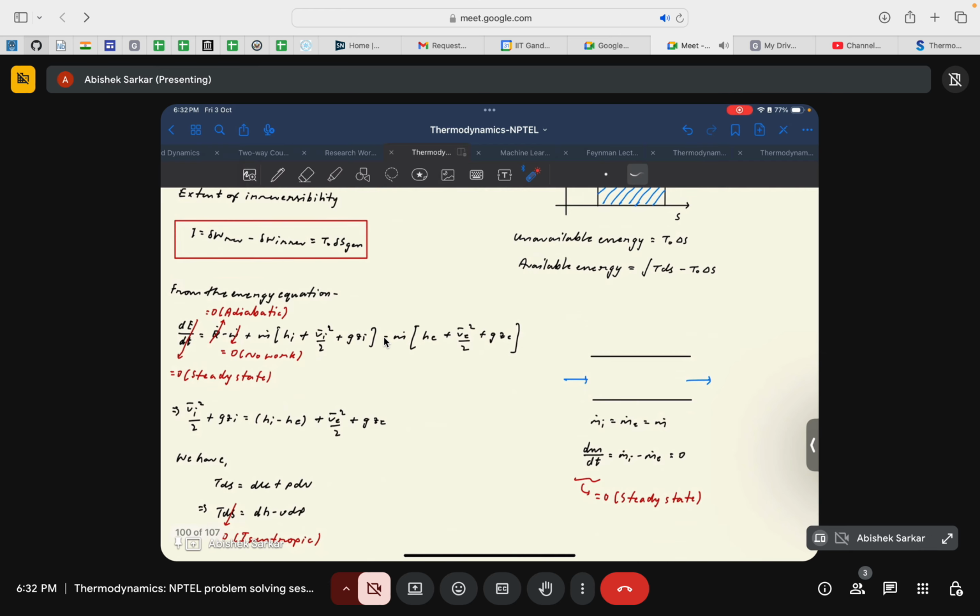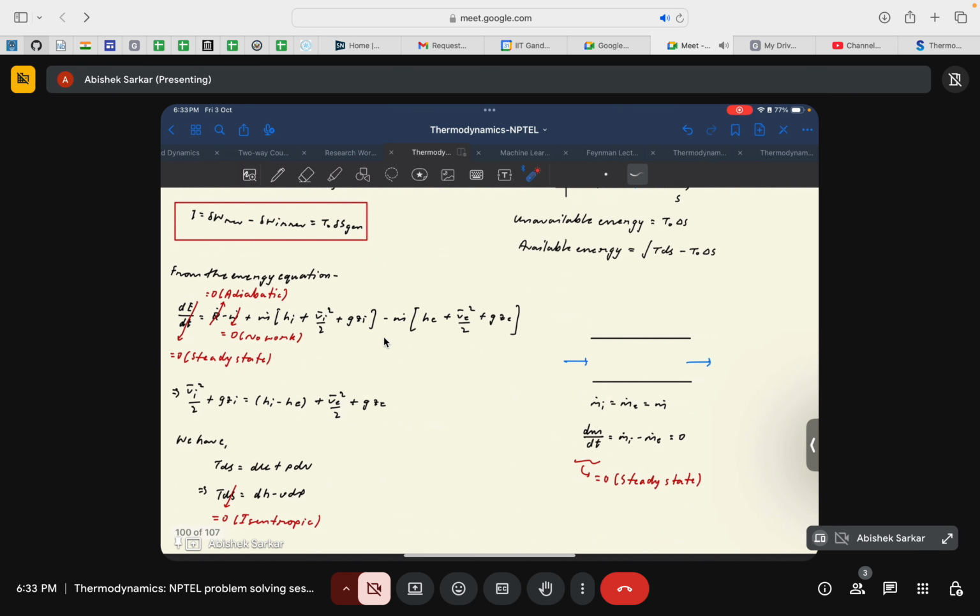Then the energy equation can be given by dE by dt equal to Q dot minus W dot plus m dot times (hi plus Vi square by 2 plus g zi) minus m dot times (he plus Ve square by 2 plus g ze). If we consider steady state, the dE by dt term would be equal to 0.